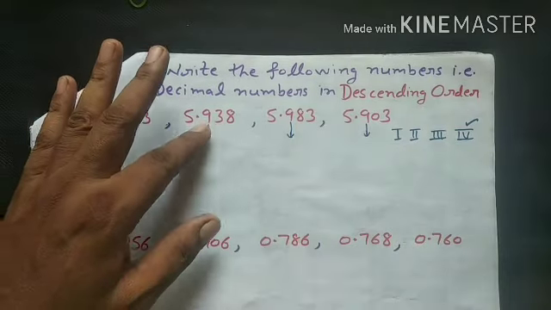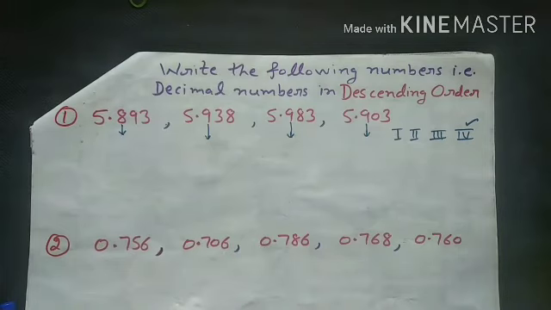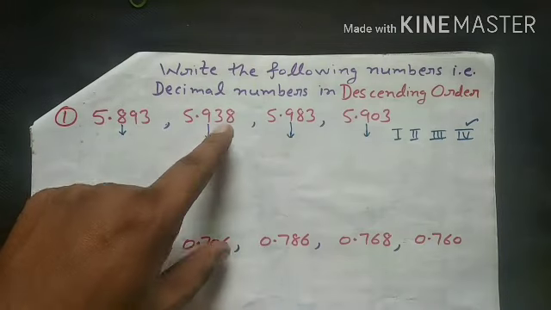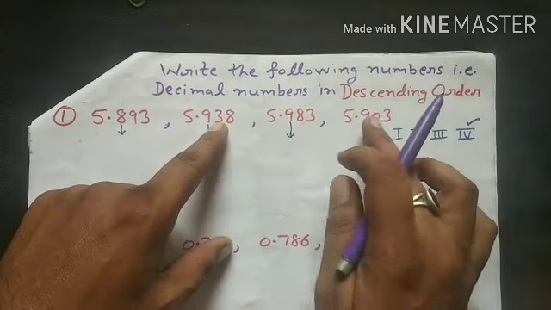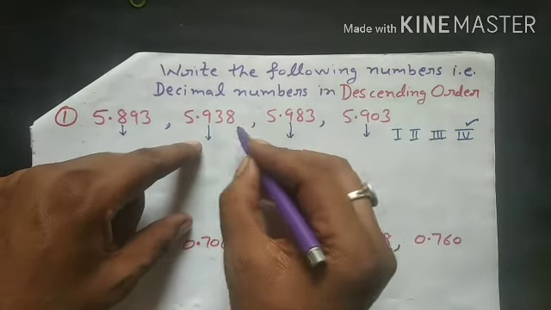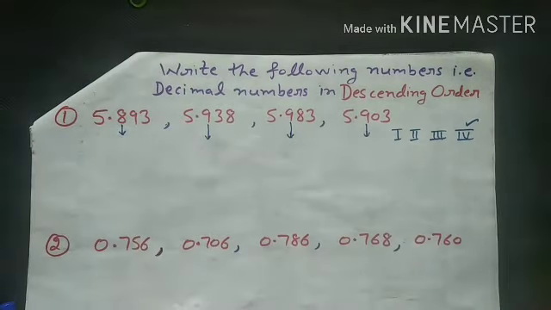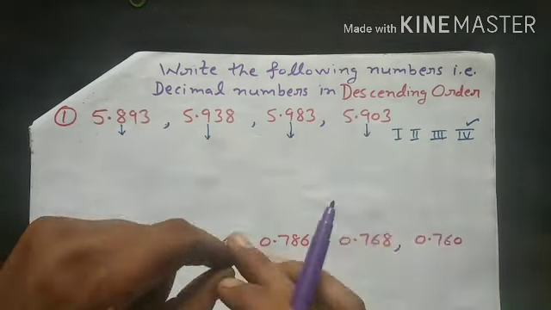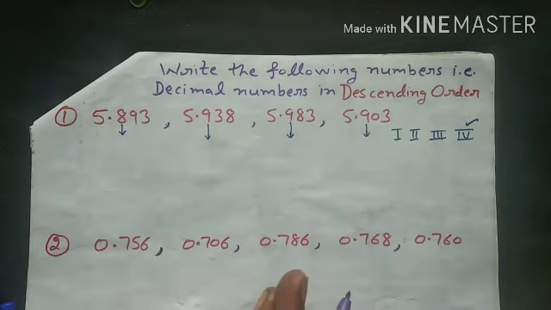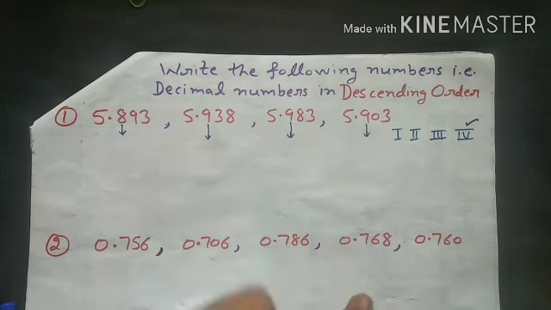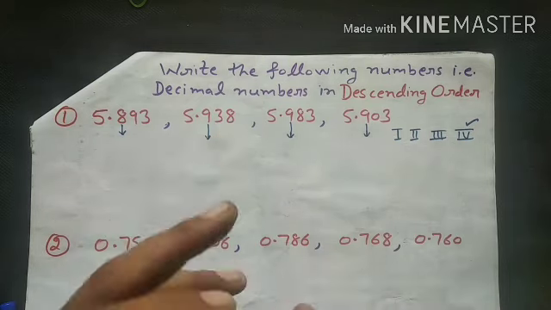Now you can see the first place is the same. After that you see there is 3, this is 8 and this is 0. Now 3, 8 and 0, which is smaller? 0 is smallest, 8 is greatest and 3 is middle.